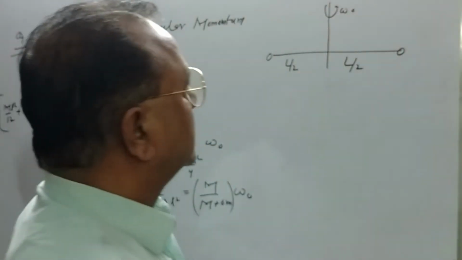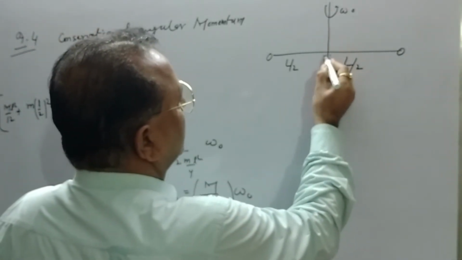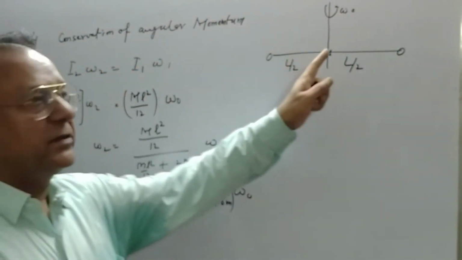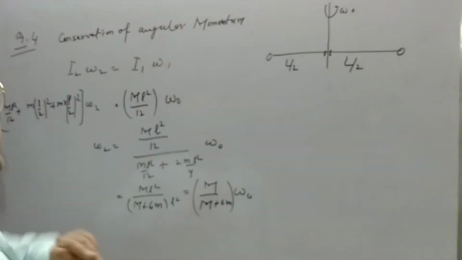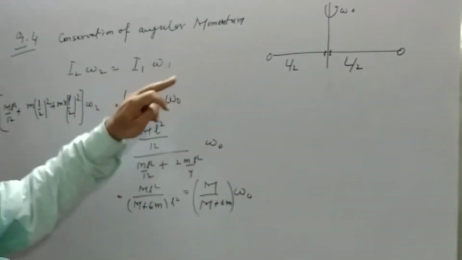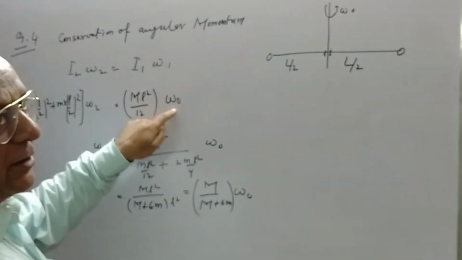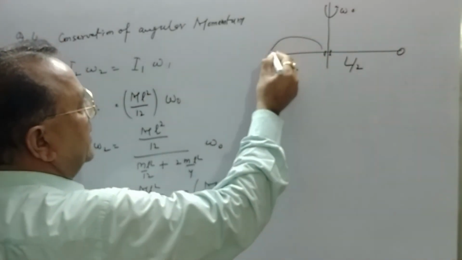Again, there is a rod. There are two beads which were initially lying at the center. Because there is no external torque involved, I can apply conservation of angular momentum. I2 omega 2 is equal to I1 omega 1. I1 is the rod about its center, M l square by 12, omega naught. Small m at l by 2, because finally these beads will reach here.